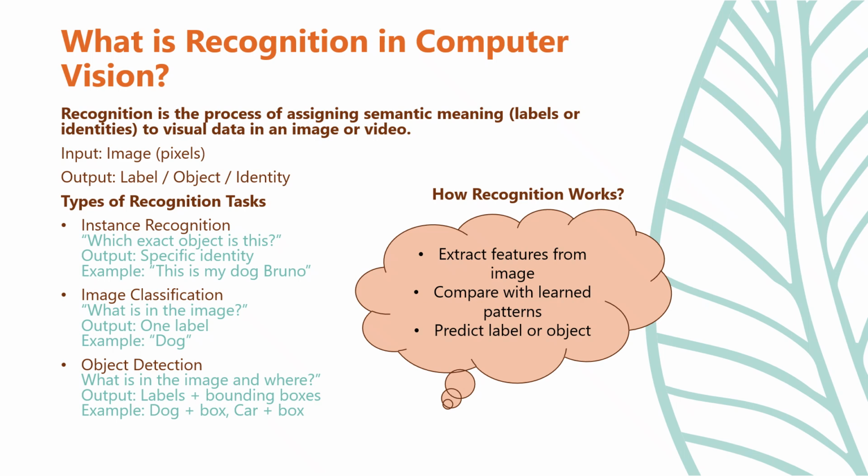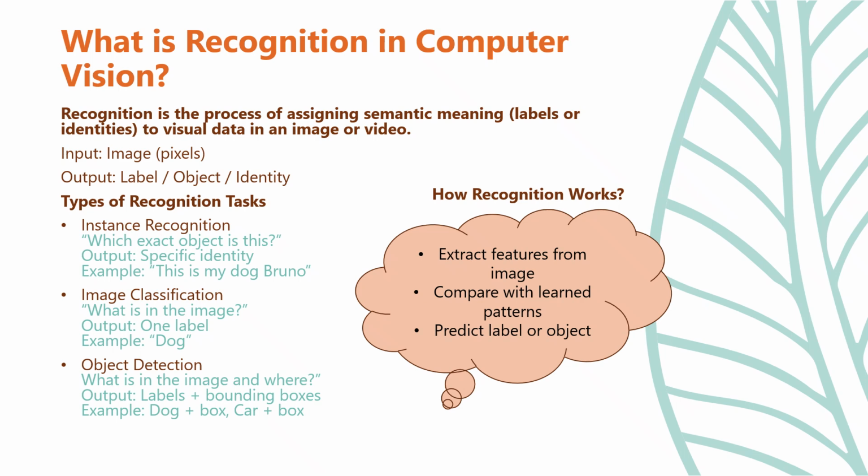Let's take an example. If I tell you that this is my dog Bruno with a name tag, then that is instance recognition. But if I give an image of a dog or many dogs, it will just give you one label that dogs are there in that image.